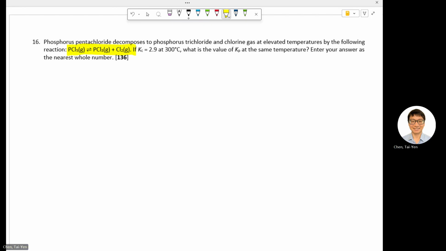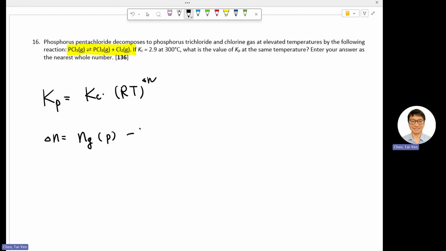Then the equation you should use is Kp equals Kc times RT to the delta N, right? So what's delta N? The delta N is the moles of gas of your product minus moles of gas of your reactant, right?